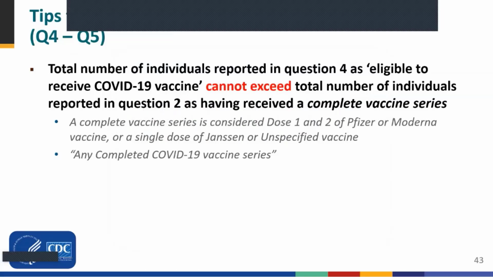This is consistent with the eligibility requirements per CDC guidelines. An individual who has received a complete vaccine series has received dose 1 and 2 of the Pfizer or Moderna vaccine, or a single dose of the Janssen vaccine, or received a complete unspecified vaccine manufacturer. This is auto-calculated by NHSN and displayed as the any completed COVID-19 vaccine series.